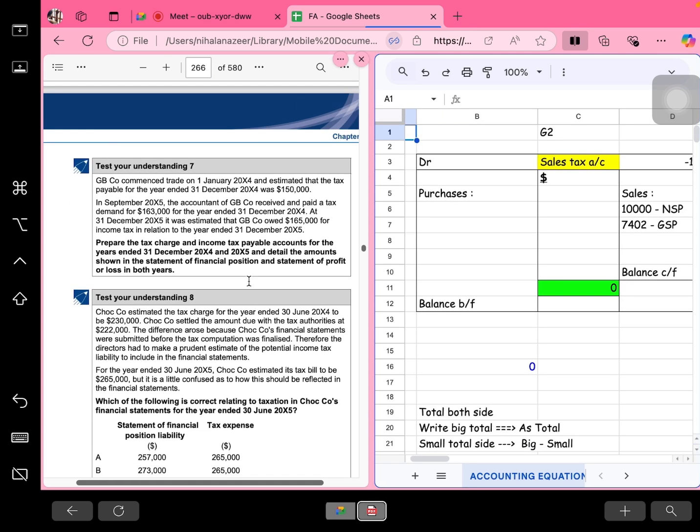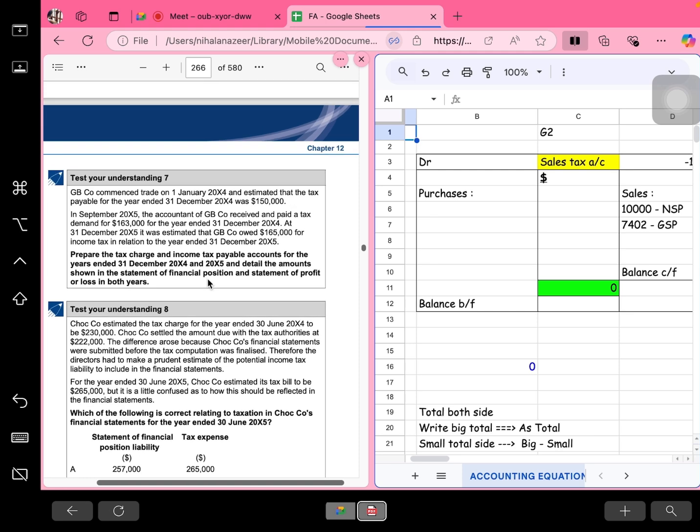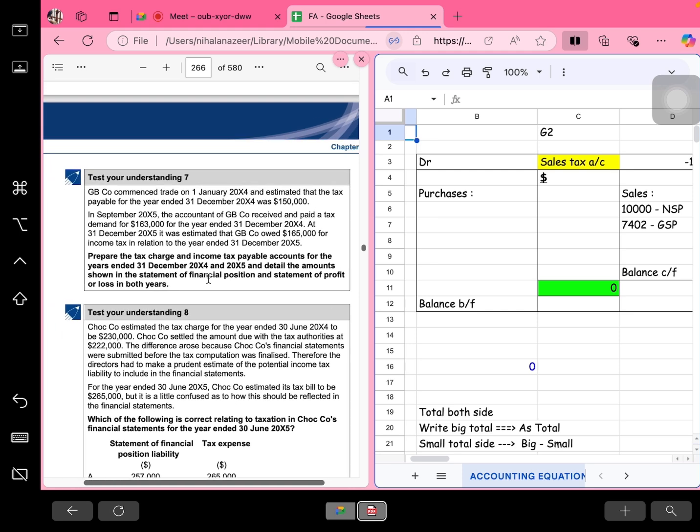Okay, here. You can see the screen, right? Mm-hmm. Okay.